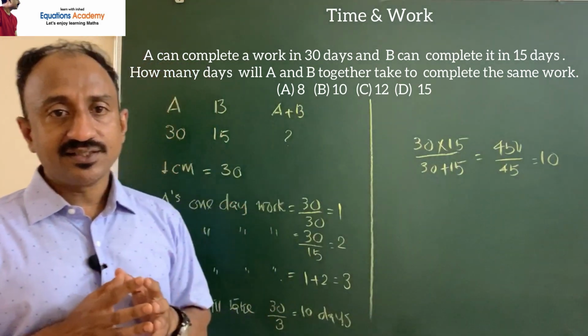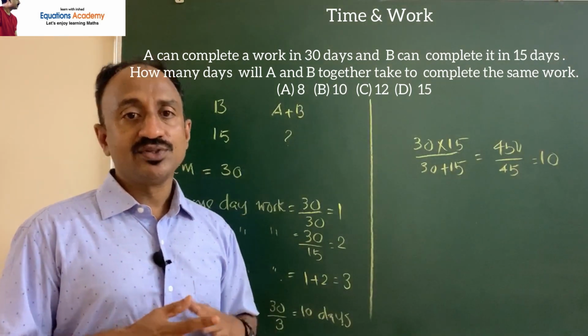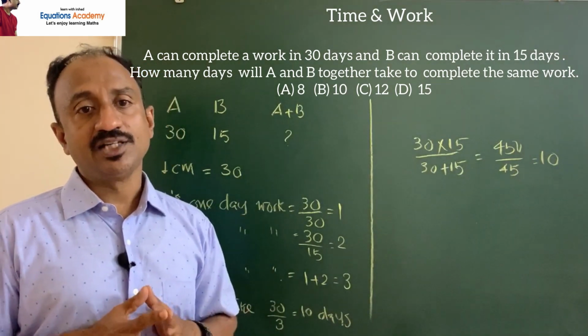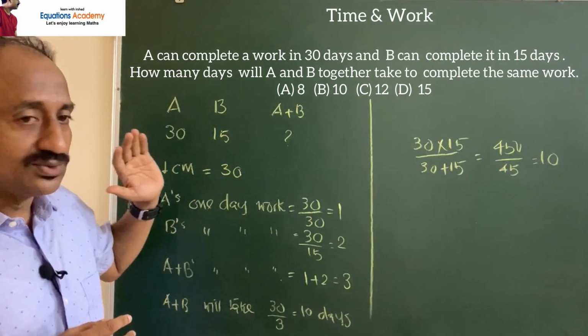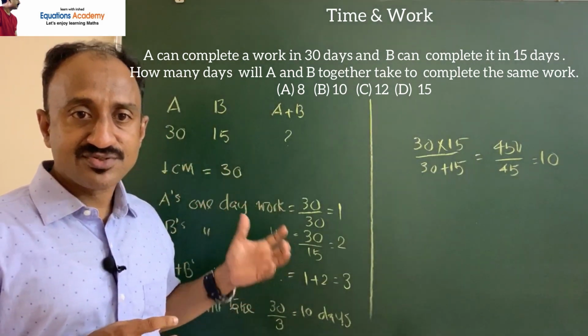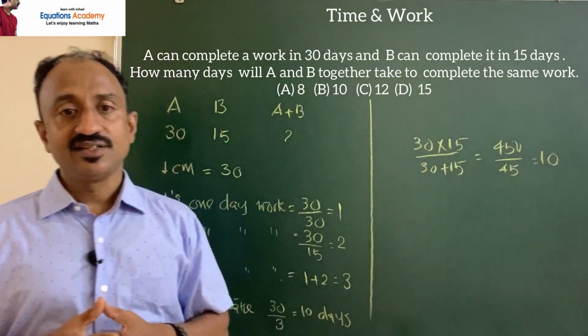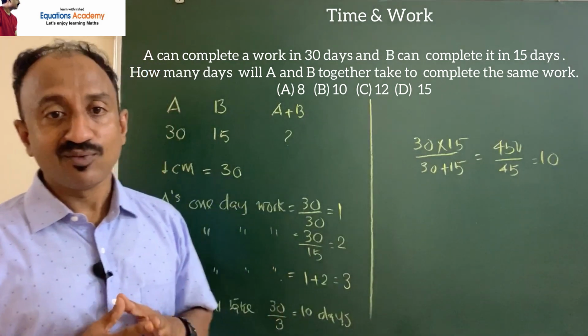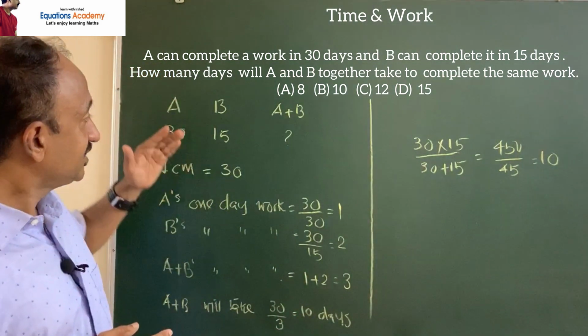So I will explain you one more method, that is through LCM, least common multiple. If you learn to solve problems through LCM, the benefit is you will be able to solve all the questions from time and work. What is given?